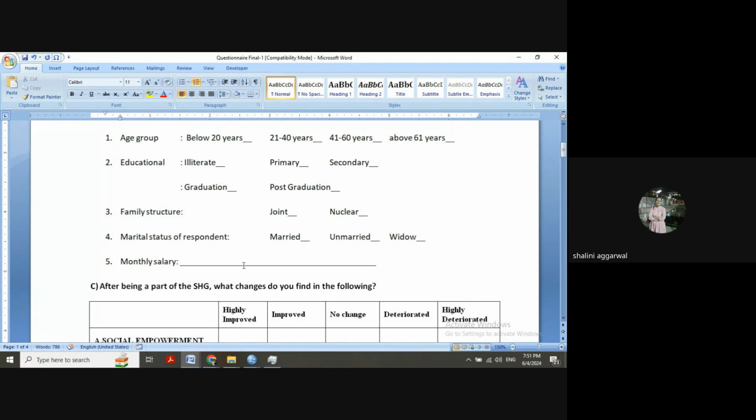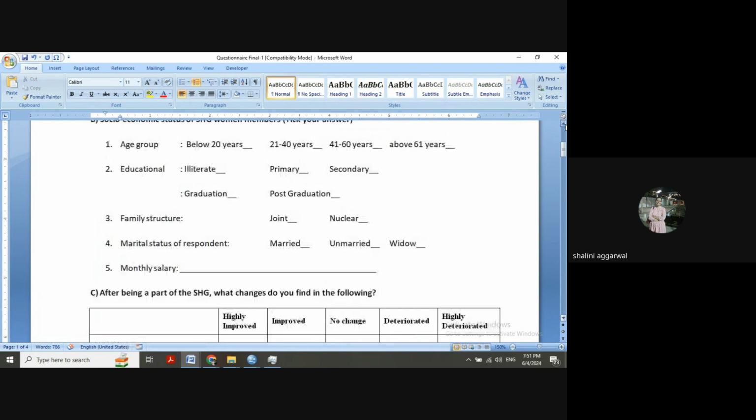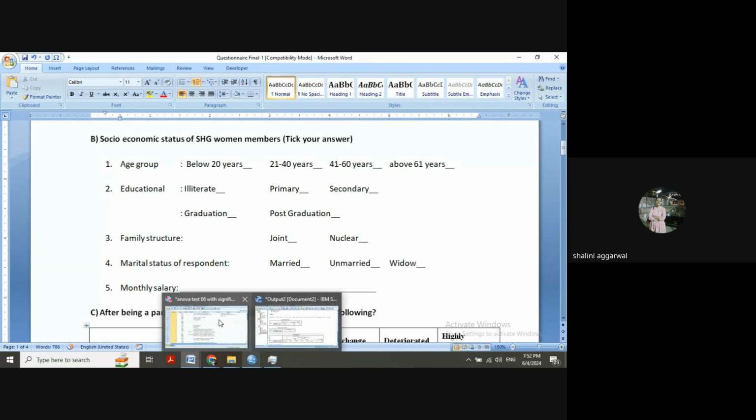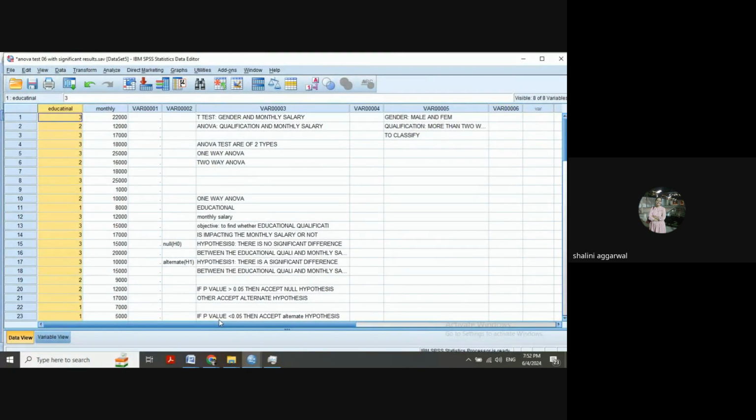Open-ended, right? So यहाँ पर what I'm trying to tell you is, these questions consist of the demographic profile of the respondent, right? So जो t-test and ANOVA है, basically you are applying this on the demographic profile in our examples, right? So this is what I'm trying to tell you.